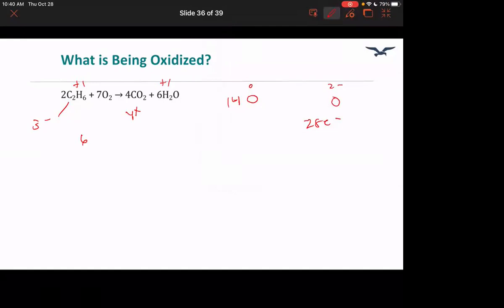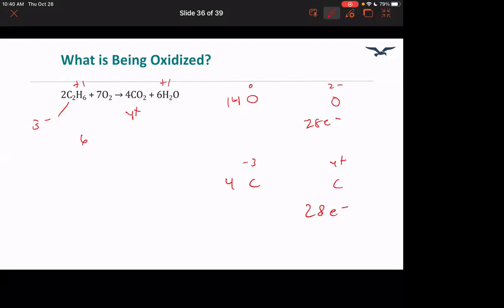We've got 4 carbons going from -3 to 4+, 7 electrons each. That's 28 electrons. Very good. So there's 7 electrons being transferred for each carbon, and there's 4 carbons. So 7 times 4 is 28 electrons.